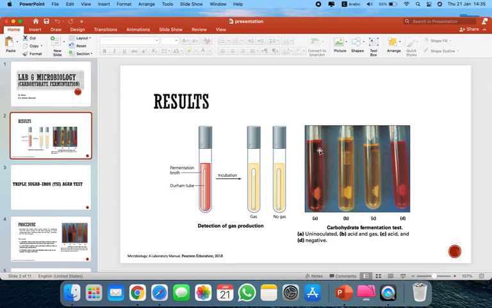So in general, we have a specific color here, and if we notice any change in this color, that means there is a change in the pH. Some organisms may produce acid products.